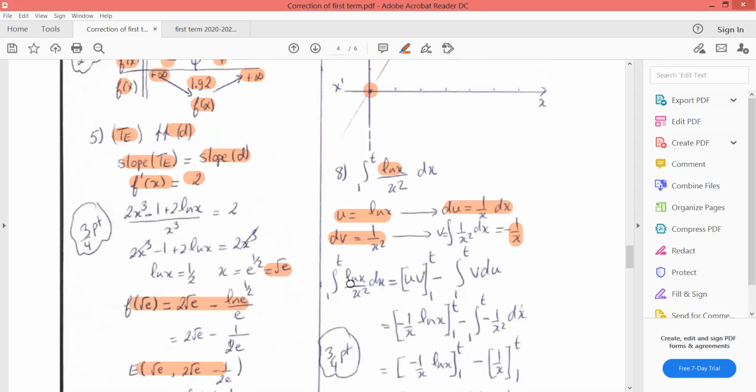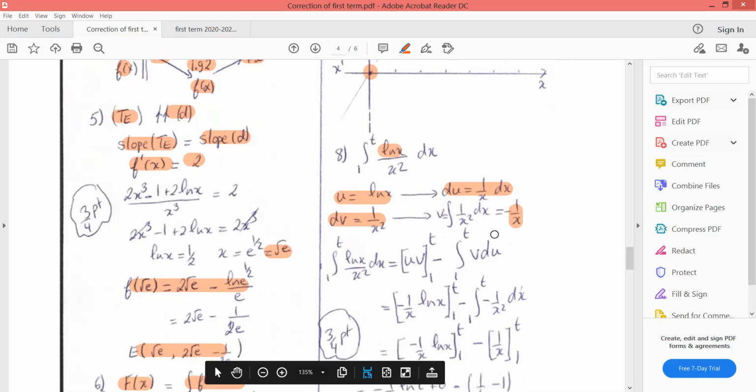So the integral from 1 to t of ln x over x squared dx equals uv, which is minus 1 over x times ln x between 1 and t, minus the integral of v du. v du is minus 1 over x times 1 over x, which gives minus 1 over x squared.